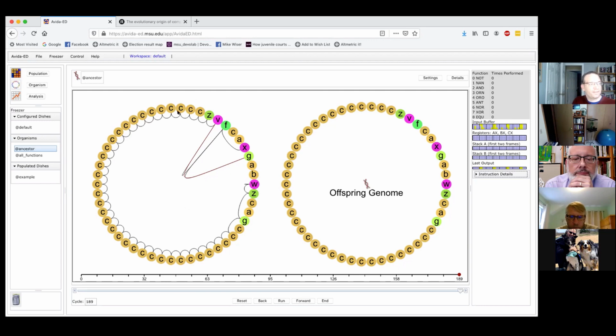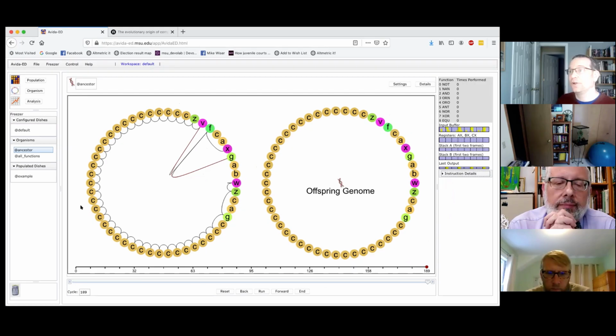So notice, for instance, as it's tracing out which of these things it's done, it doesn't actually come down on either this C or this A, because these things are modifying the instruction right before it. Similarly, this C is modifying the instruction right before it. So if I've got a mutation out here that changes one of these letters to something other than C, the C after it is now going to be modifying how it proceeds through that previous one. So that C is no longer executed. So it's going to take a different number of instructions for this new mutant to reproduce.